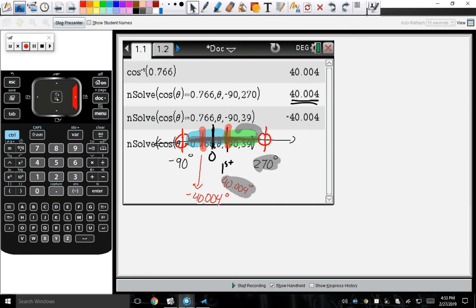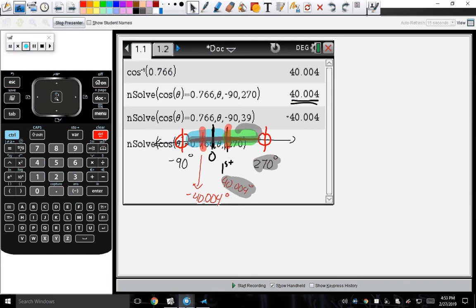I will scroll up on the calculator. So 270 will be your high end. And you're saying now from 40.004, so let's go a little bit to the right of that and say 41. And you see it says no solutions found.